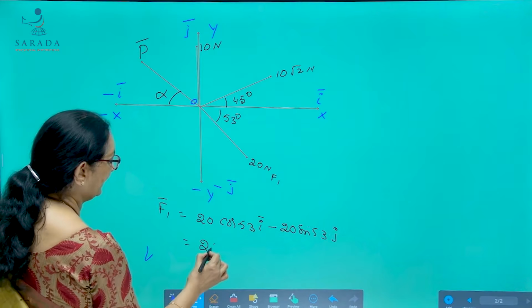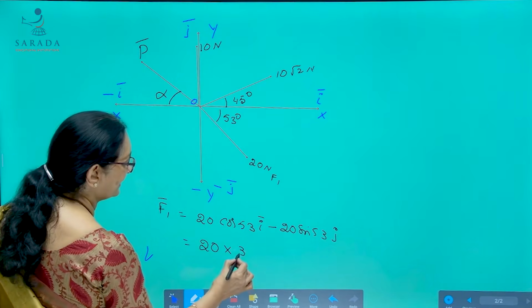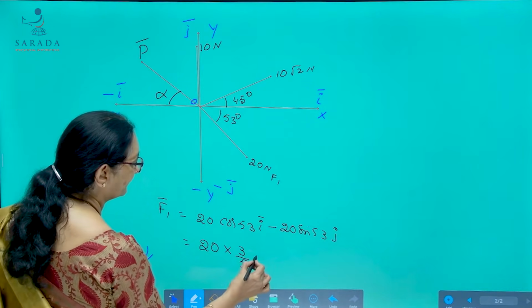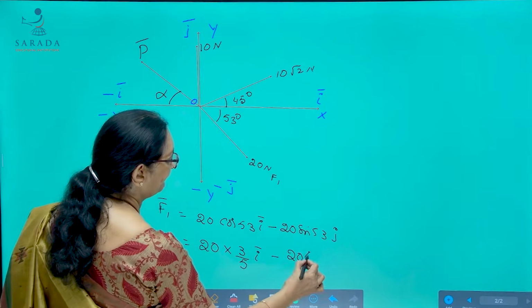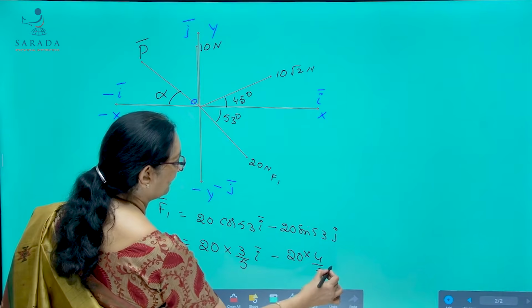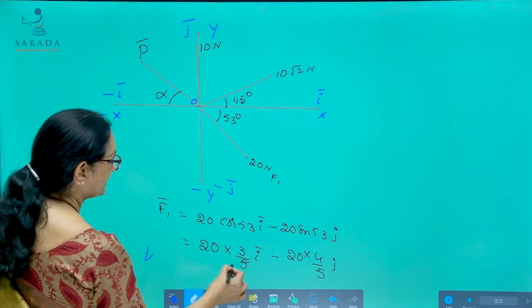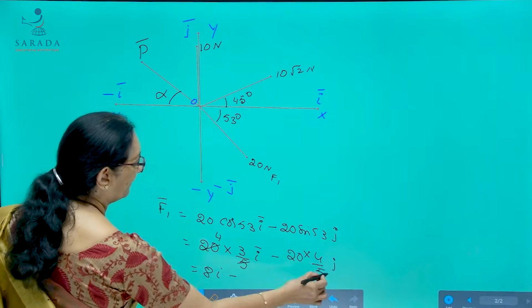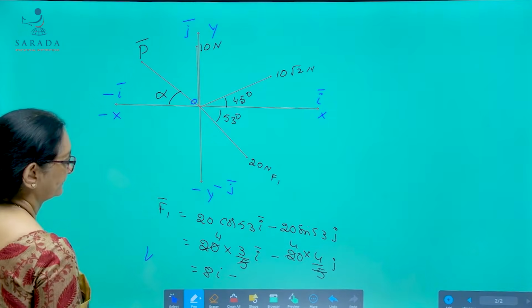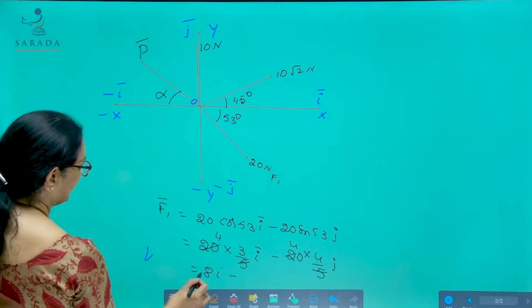Now 20 cos 53 is 3 by 5, I bar, minus 20 sin 53, which is 4 by 5, j bar. So here this is 12 I minus, 4 5s are 20.